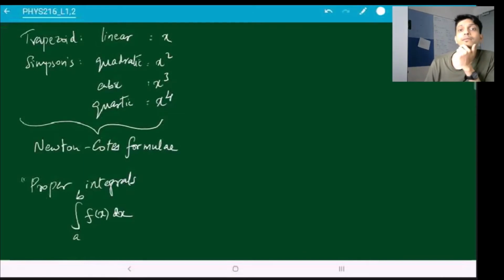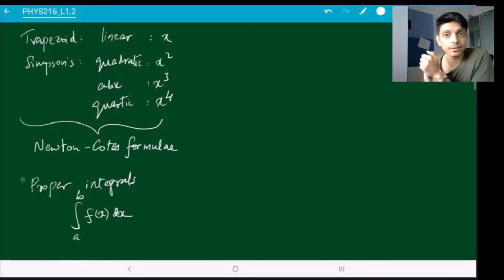Now, a and b being finite is very important because if one of them is infinity or minus infinity, then how are you going to define steps? You will need an infinite number of steps to go from a to b. So all of these formalisms that we've developed, they will not work. You necessarily need your limits to be finite.